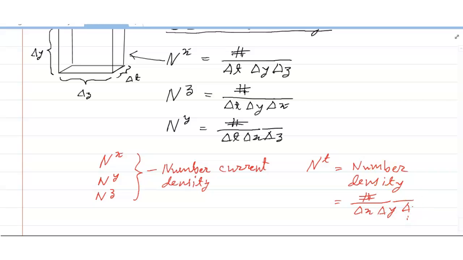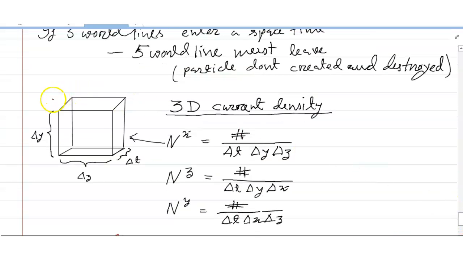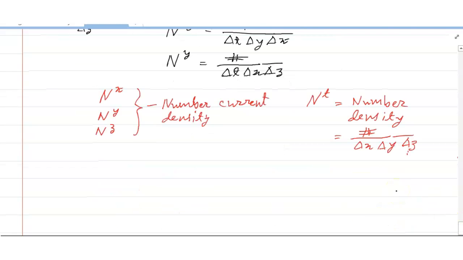I have drawn only the 2D dimension, but I will not diagram the 3D dimension. I just show this way we can get 3D. And this is the number flux.